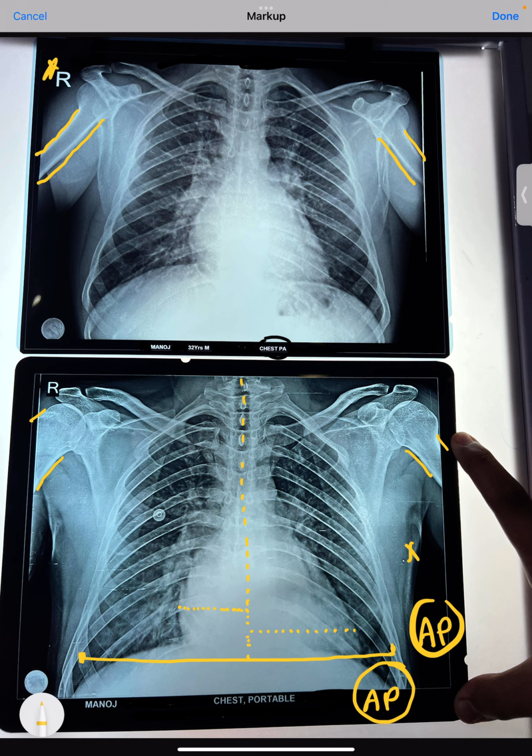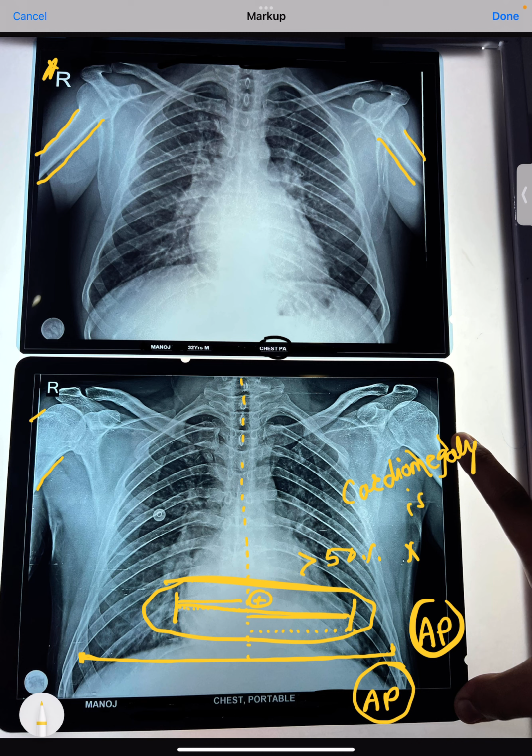So this plus this distance is the largest distance, and overall, if this distance is more than 50% of this diameter, we call that there is cardiomegaly. So in anterior posterior view, this distance is definitely more than 50% of this diameter. So according to this X-ray, cardiomegaly is there.